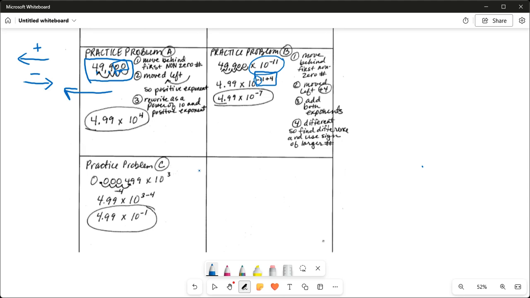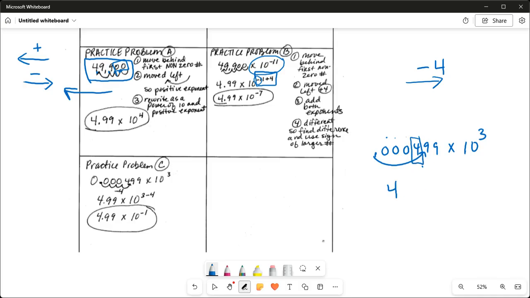And finally, practice problem C is this 0.000499 times 10 to the third. We're moving it to the right. So moving it to the right is a negative. We moved it 1, 2, 3, 4 places behind the first non-zero number.